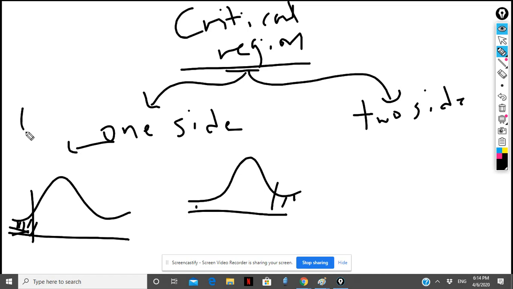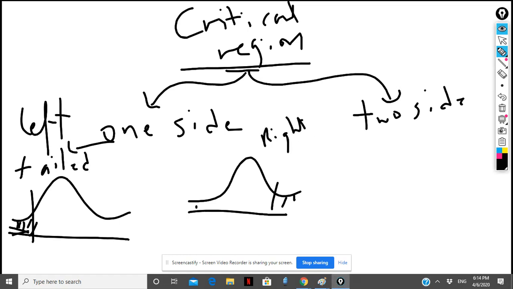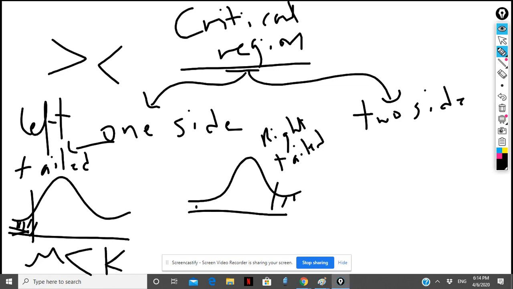In that case, I say left tilde or right tilde. In that case, I have the sign greater than or less than, maybe greater than or equal, less than or equal. Here mu is going to be less than k, and here mu is more than k.